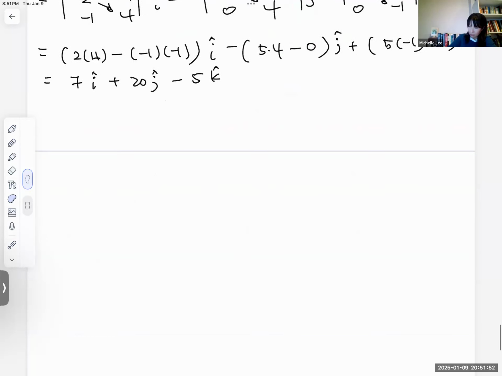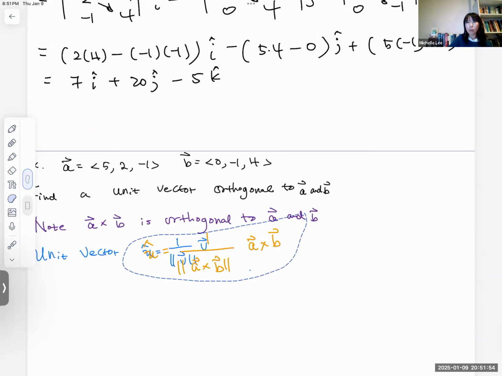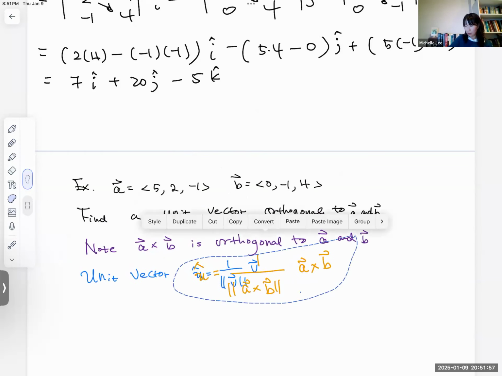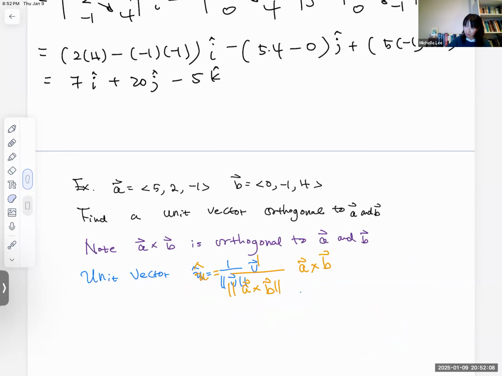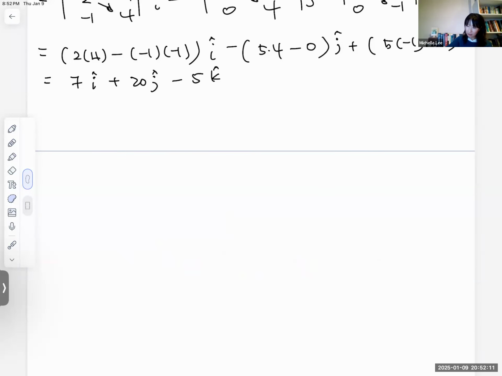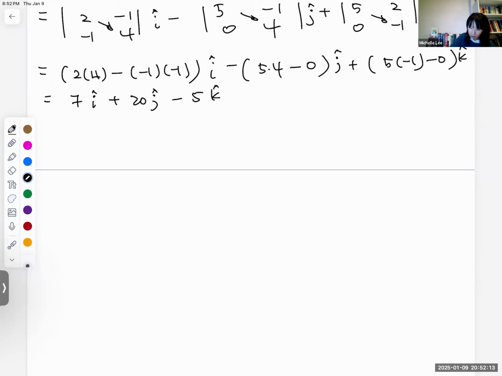Now, we want to find the unit vector. Okay, let me just write down. So you have the unit vector orthogonal to A and B. That is 1 over the magnitude of the cross product of A and B, times the cross product of A and B, right?